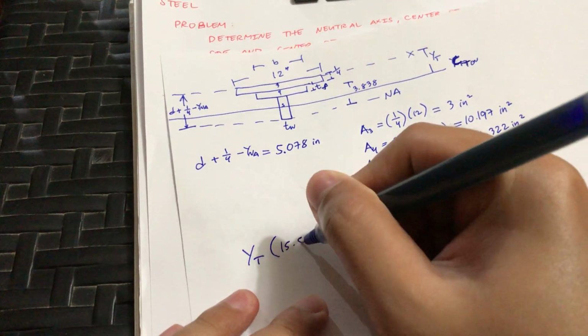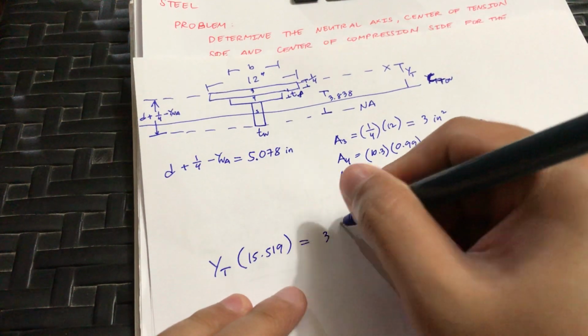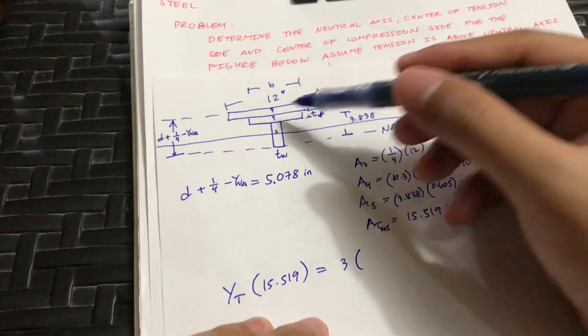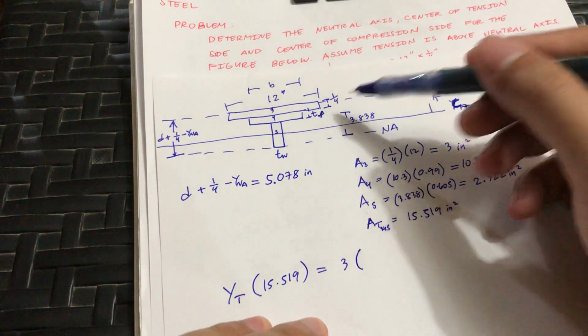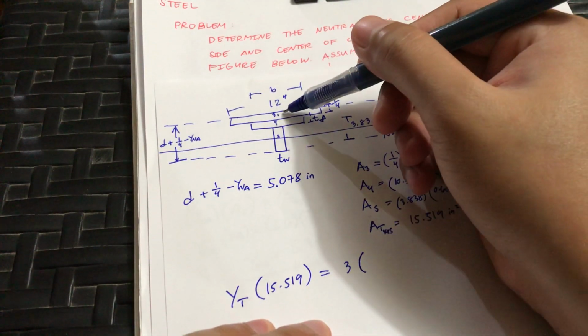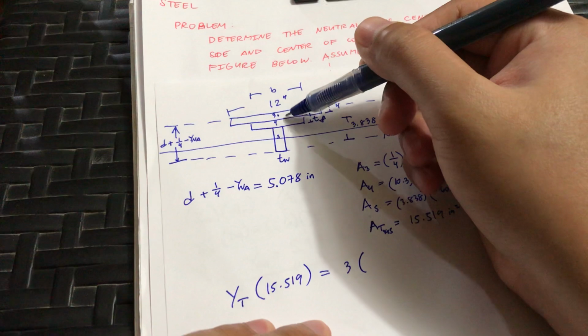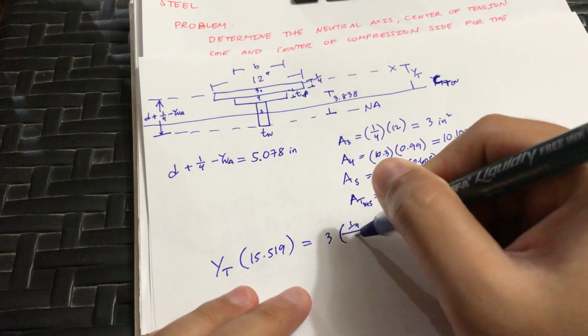Okay, so applying the centroid formula, you now have the y of the tension times the total area, 15.519, is equal to area 3, this is 3 inches, times the center of area 3 with respect to our x-axis above, that is simply half of 1/4. Because this is 1/4, half of it is 1/8. So 1/4 all over 2.